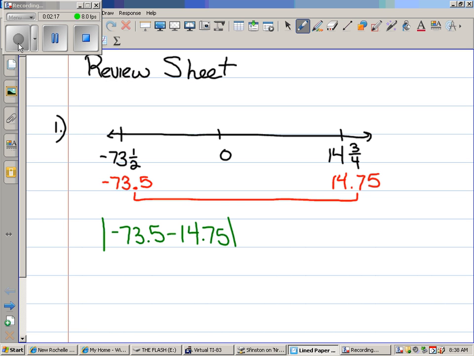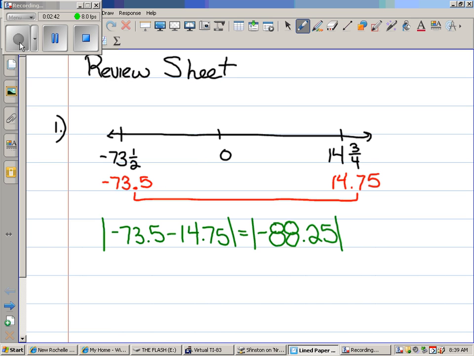So we want to find the space between these two numbers, and then we don't want a direction, a positive or a negative. We just want to know how big it is. What's negative 73.5 minus 14.75? Absolutely. So we got the absolute value of negative 88.25, right? 14.75 isn't bigger by negative 88.